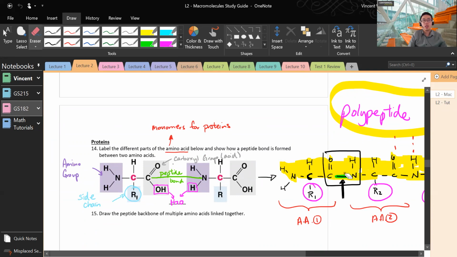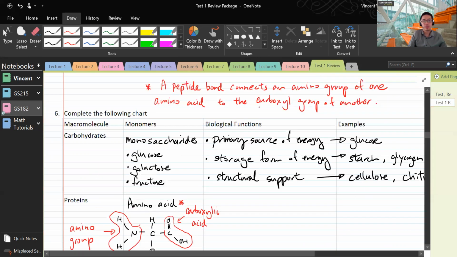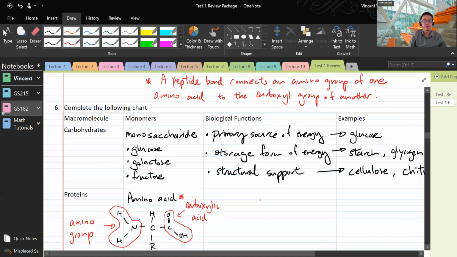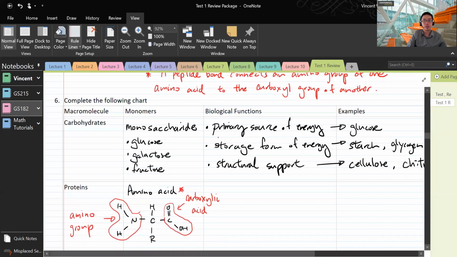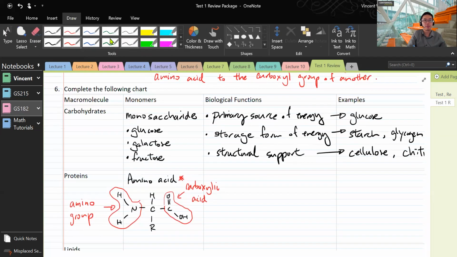So if I ask you, a peptide bond consists of what two functional groups? The answer would be amino group and carboxyl group. Please ask questions if you are confused by what I'm saying.